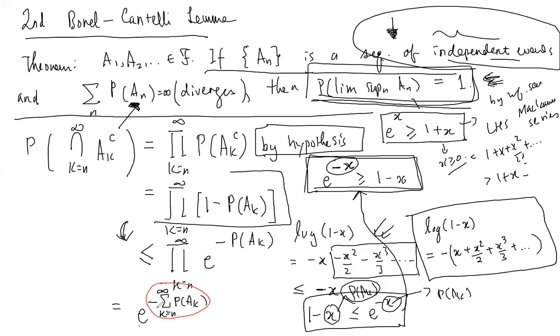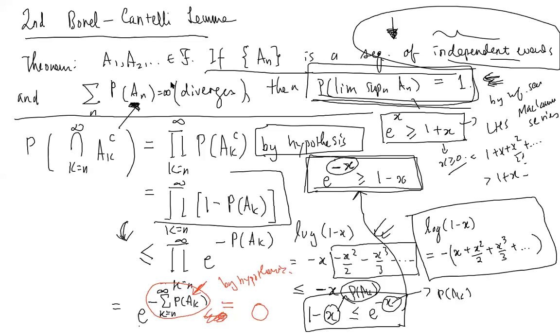When the sum is divergent, what will this become? In fact, it's just equal to 1. So when this is divergent, it becomes infinity. E of minus infinity, it will become what? 0, right? By hypothesis, right?